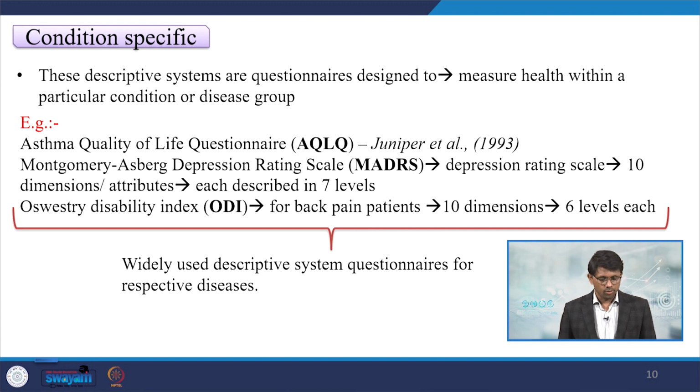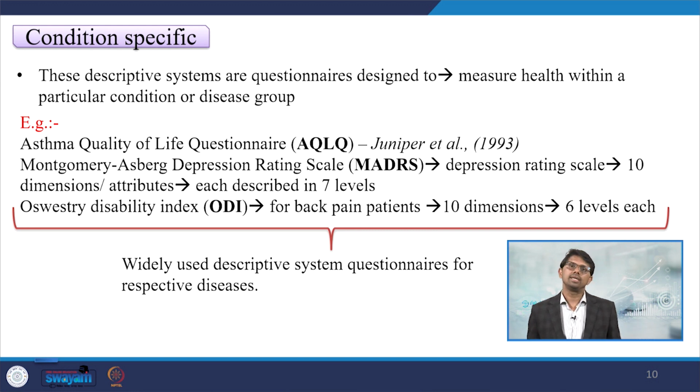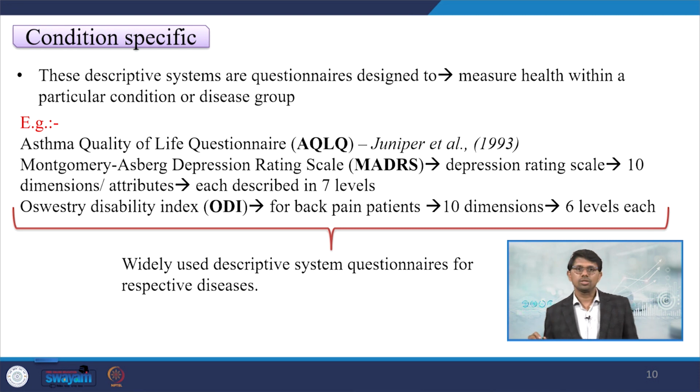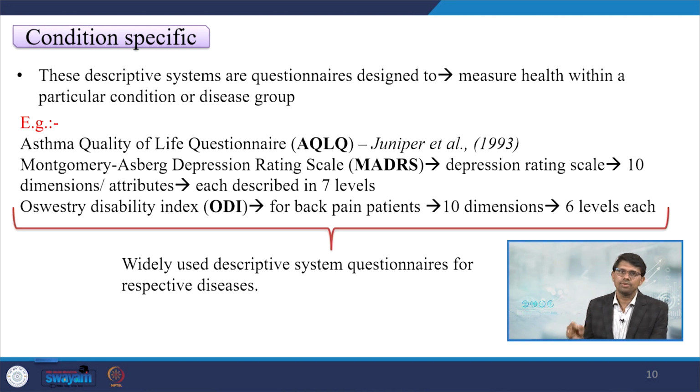Another one is the Montgomery Asberg depression rating scale, MADRS, specifically a depression rating scale, usually with 10 dimensional attributes, each described in 7 levels. So 10 dimensions are there, but each dimension has 7 labels.